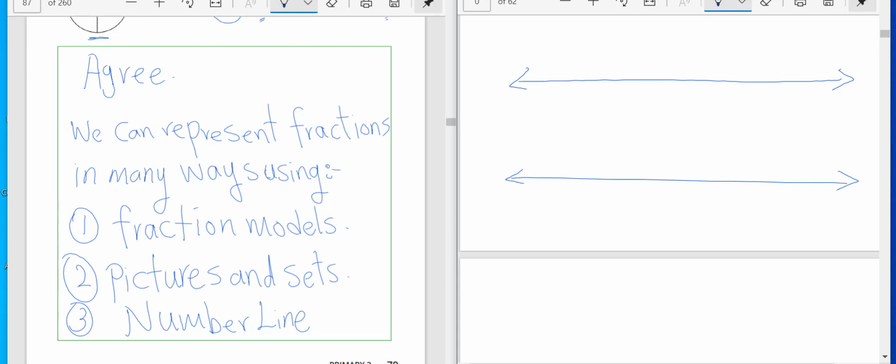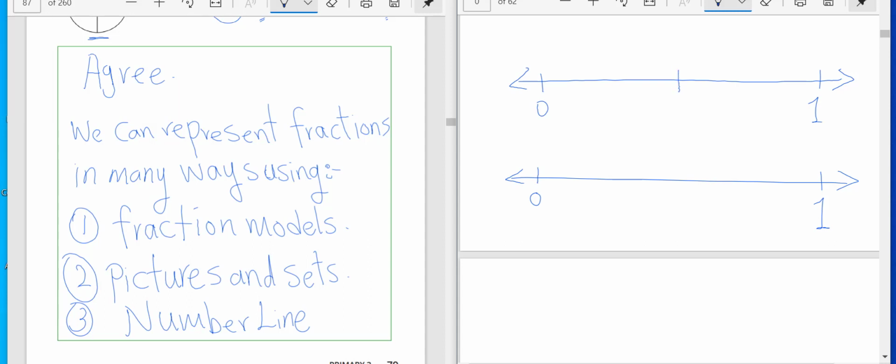And we want to divide them into halves and fourths. We will divide the first one into halves. So we have a number line from 0 to 1. This from 0 to 1, first one divided into halves. How many halves in one whole? Two halves. So we must divide the number line into two equal parts.